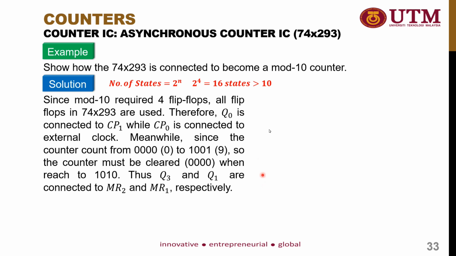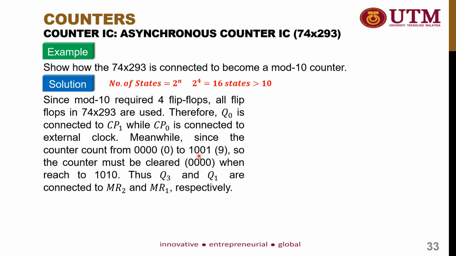So basically, a mode 10 counter is equal to a decade counter, where we want to count from 0 until 9. Okay? So when we want to count from 0 until 9, we need to have 10 different states. When the counter is counting from 0000 to 1001, it is still valid for a mode 10 counter.